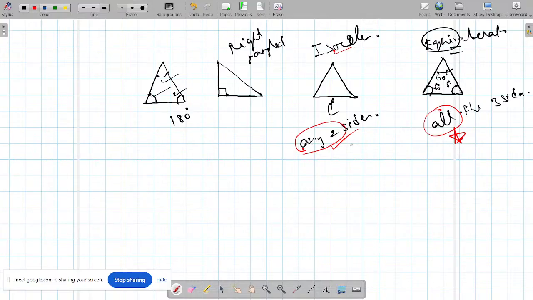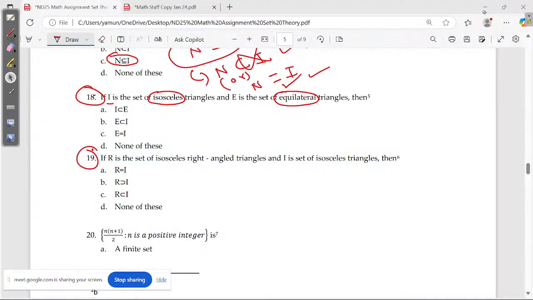Can we relate an isosceles triangle and the equilateral triangle? If all the three sides are equal, obviously two sides are equal. So the equilateral triangle is contained in the isosceles triangles. Now tell the answer.